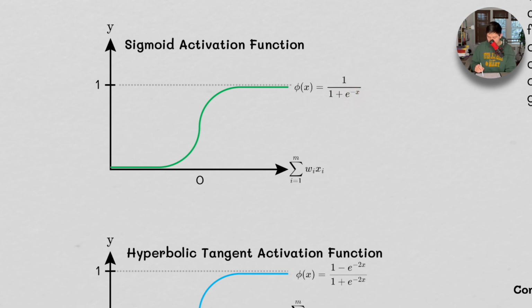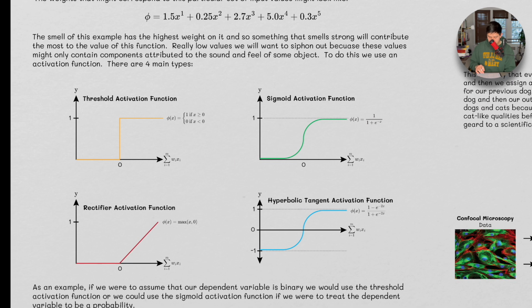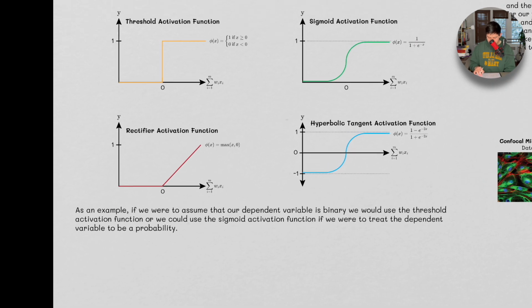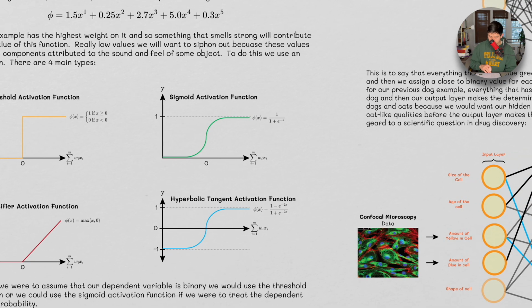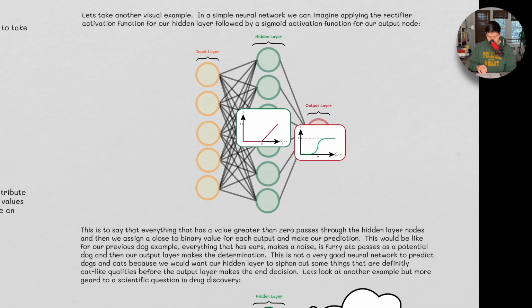Because 1 plus something, this is going to be less than 1, right? Because of 1 divided by this. So the point here is that if our dependent variable is binary, we'll use this. If it's not, then the other 3 would be suitable. Okay, and we'll go through examples when we go through actual data.